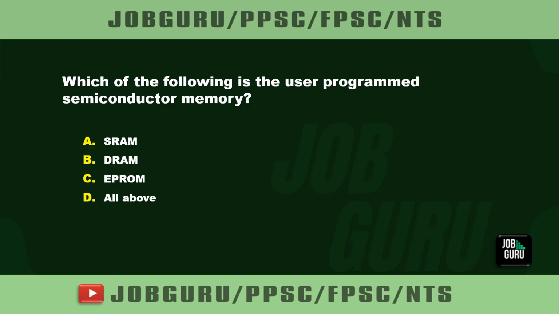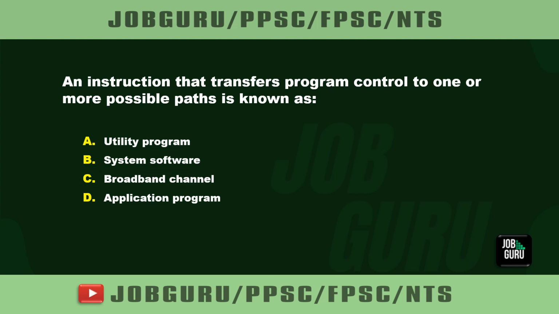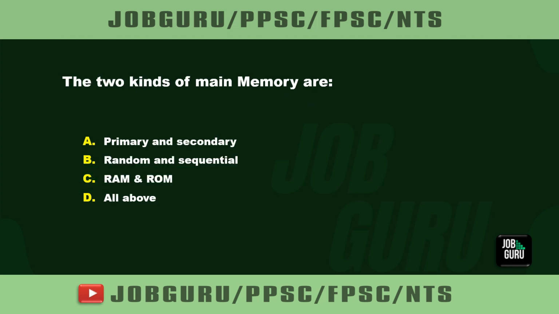Which of the following is the user-programmed semiconductor memory? An instruction that transfers program control to one or more possible paths is known as. The two kinds of main memory are.